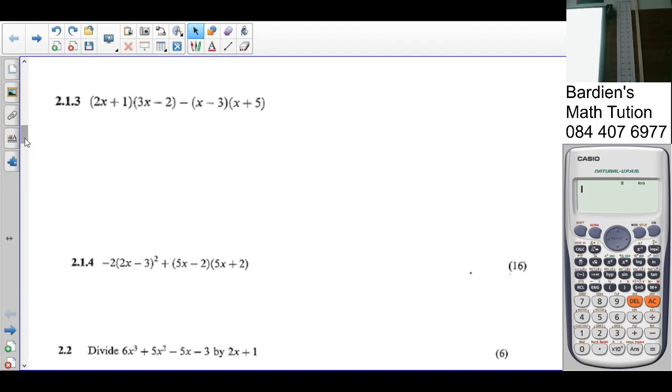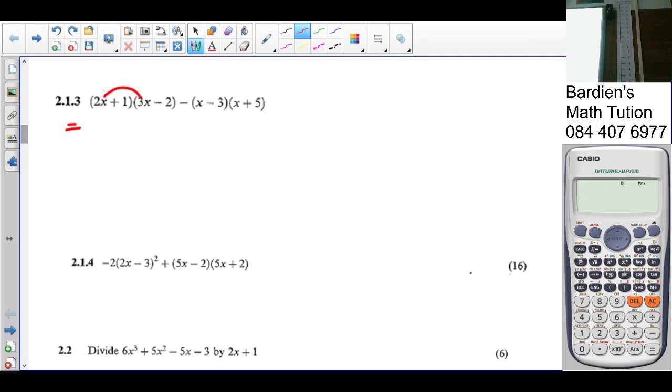Right? 2 and 3. People, 2 and 3. What do you do first? Multiply, get rid of the brackets. Not so. How many terms are here? 2. Also known as what? Binomial.